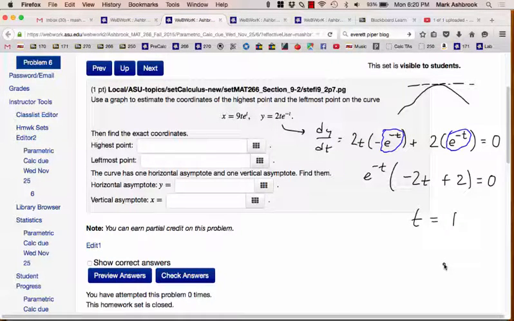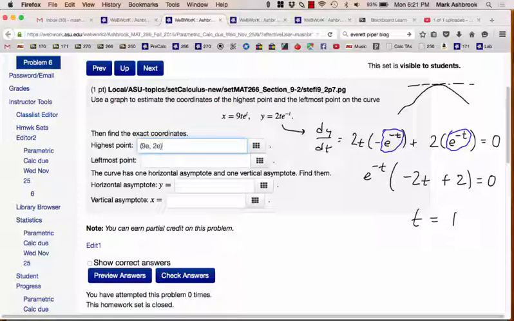That t value of 1 gives us a dy/dt of 0. And so then the highest point is what you get when you plug 1 in here. So when t equals 1, x is 9e, and when t equals 1, y is 2e.